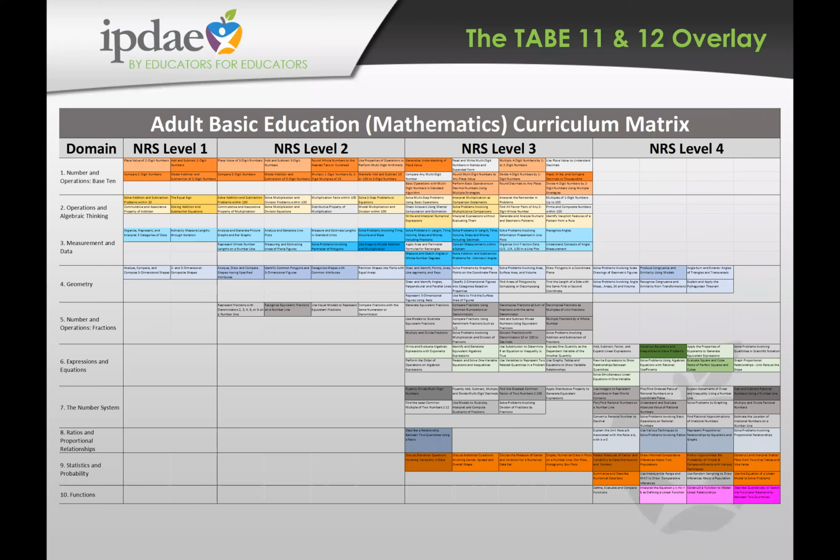But what we did was color-code it to differentiate the emphasis level of each cell. And we also colored sections that are covered by the blueprints. When we created the matrix, it was not based off of the TABE blueprint.